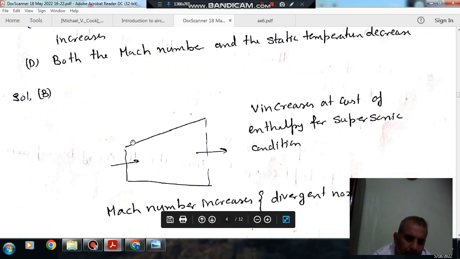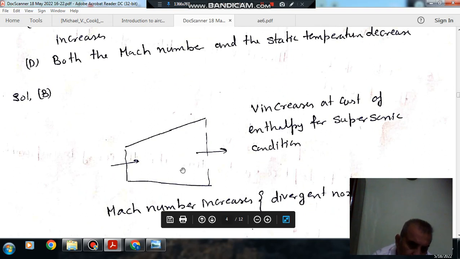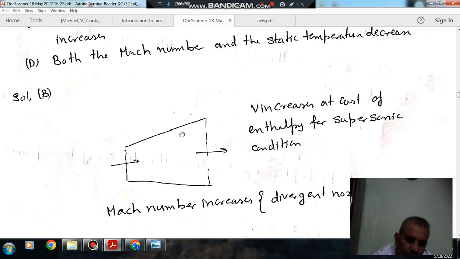So this is your diverging duct. When the flow entering here is supersonic, then because of the shape of this passage, the velocity will increase at the cost of enthalpy.